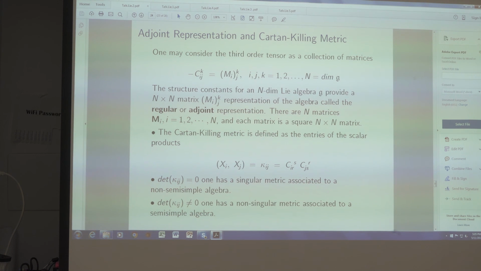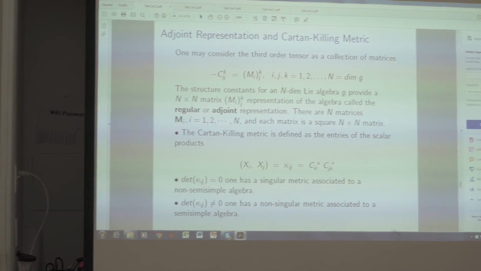SU(4)? Let's talk about the Lorentz group. The Lorentz group, remember, the adjoint representation, okay, how many generators does the Lorentz group have? It has 6, right? Yes. Okay, so you will need 6 matrices, and each matrix must be 6 by 6. Remember, because the indices label the number of generators of your algebra in the adjoint representation.